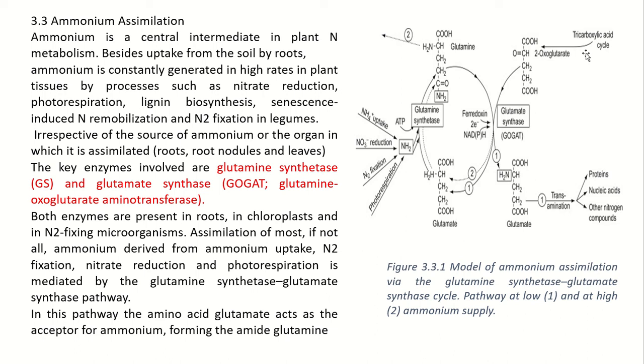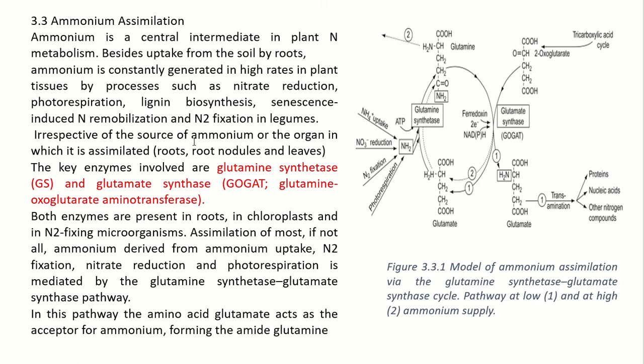Besides uptake from the soil by the roots, ammonium is constantly generated at high rates in the plant tissue by processes such as nitrate reduction, photorespiration, lignin biosynthesis, senescence-induced nitrogen remobilization, and nitrogen fixation in the legumes.